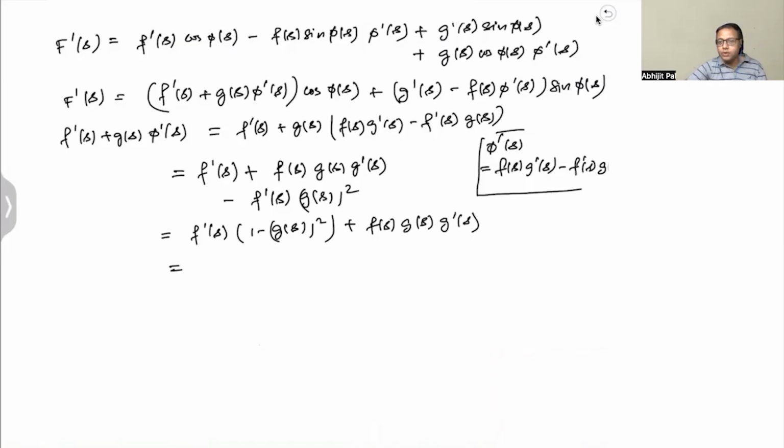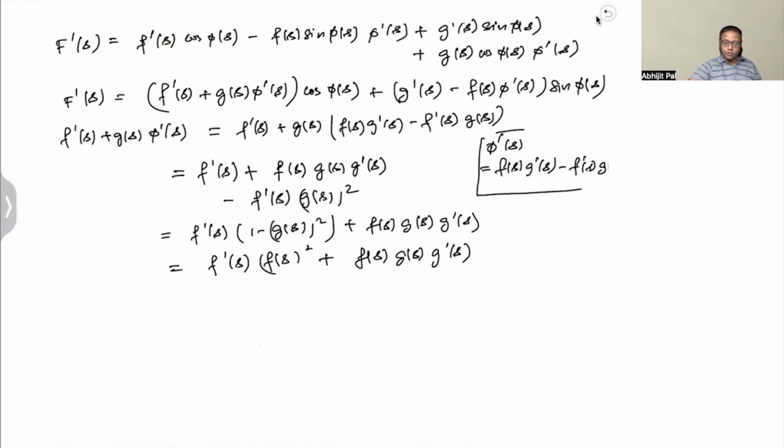Okay, so now we know that f s square plus g square is equal to 1. So therefore this will be equal to f prime s times f s square plus f s g s times g prime s.